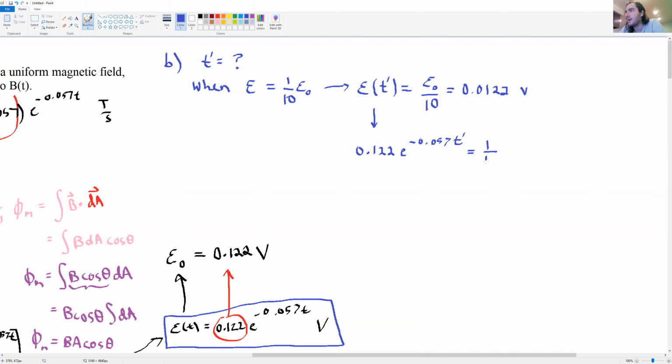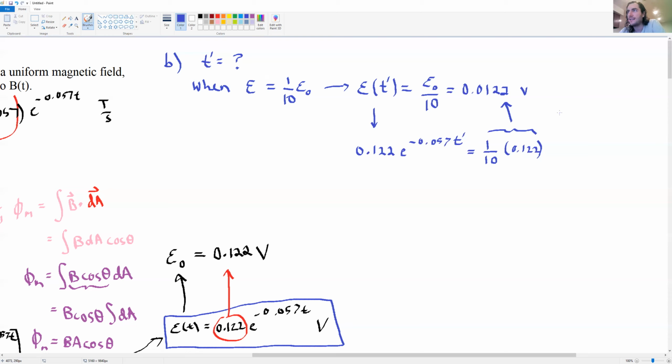So let's write it this way. So 1/10 of 0.122, which of course has this value here. But notice that we can cancel this term on both sides of the equation, right?